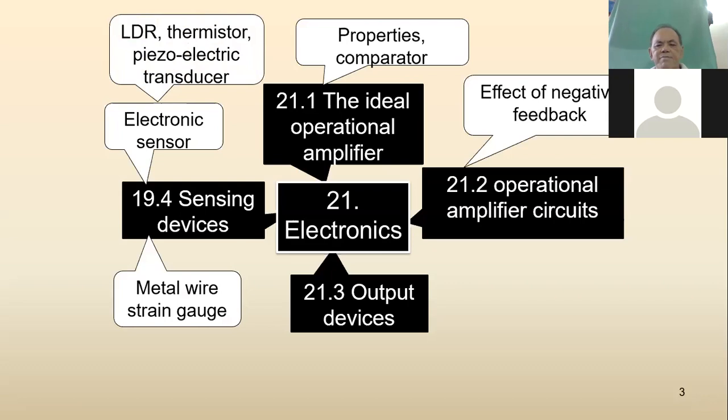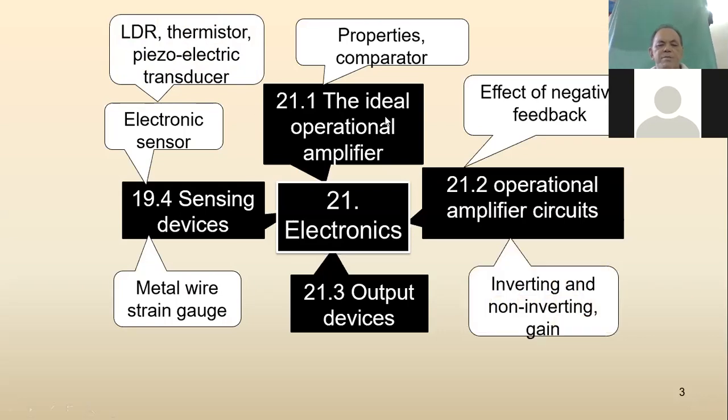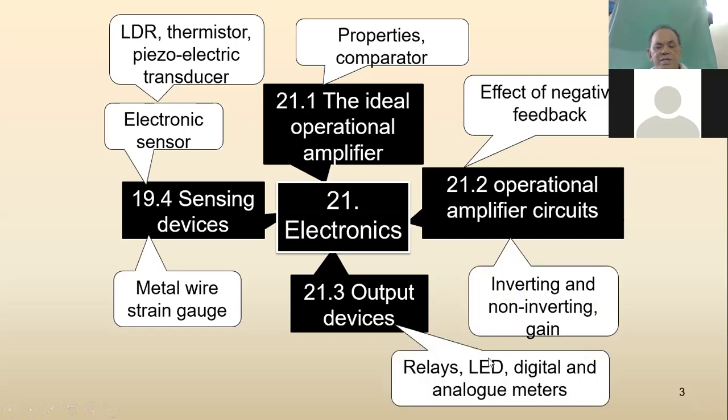And under amplifier circuits, we look at the effect of negative feedback. The original operational amplifier is not of much use to us unless we have negative feedback, which is more useful. Then we have the inverting and non-inverting amplifiers. Then we need to know what the gain of an amplifier is. And finally, we need to know the output devices.